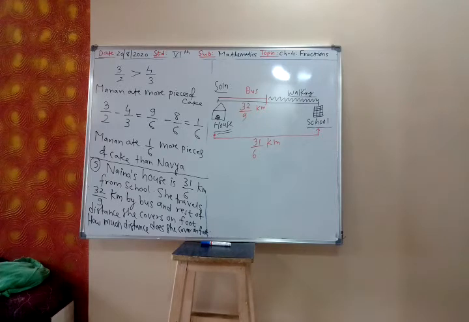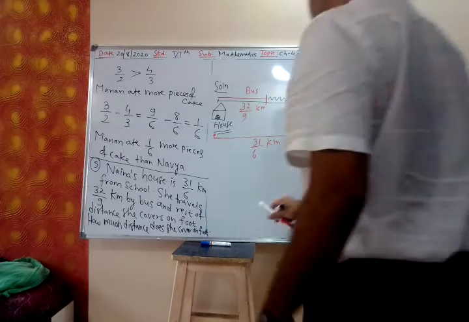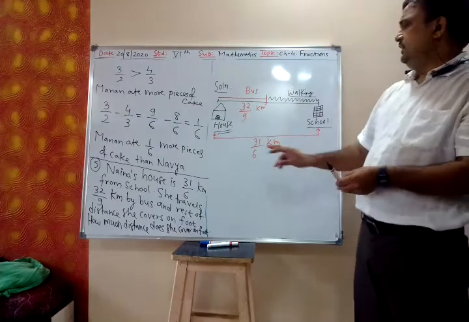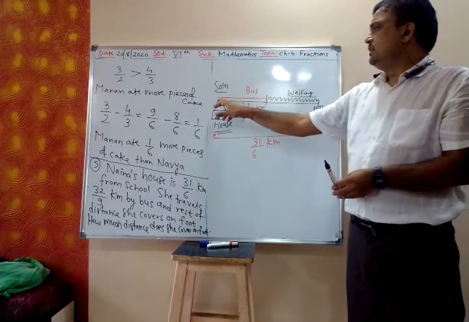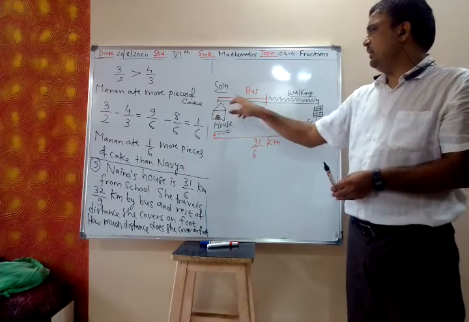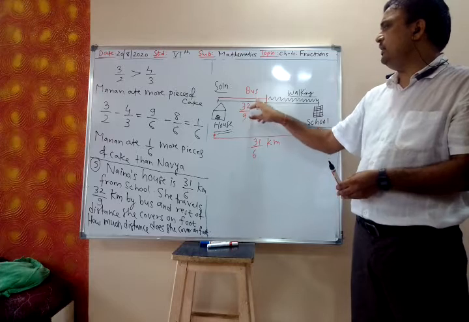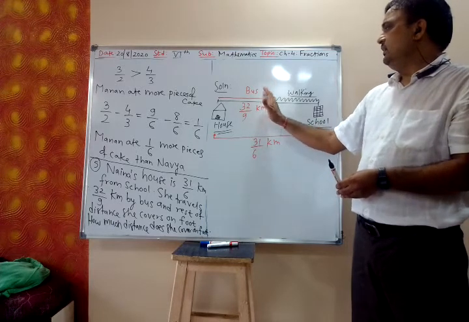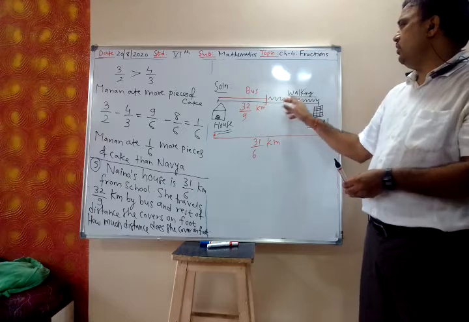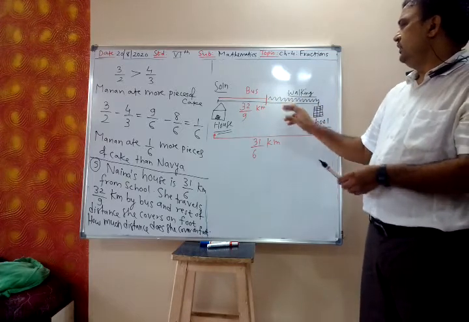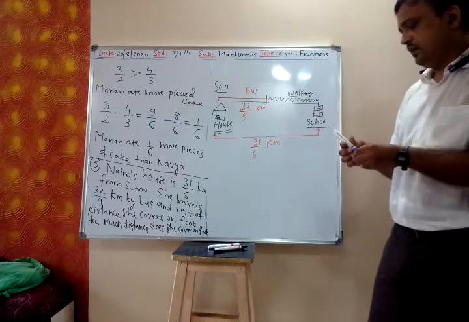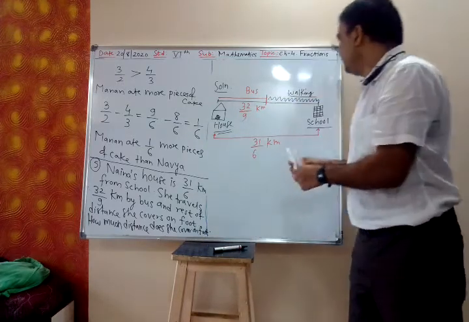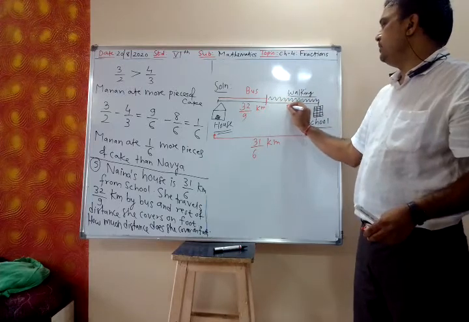We cannot say which is more or which is less unless we solve. The distance between house and school is 31/6 kilometer. She covers 32/9 kilometer by bus, then the remaining journey she travels on foot. This distance we have to find.